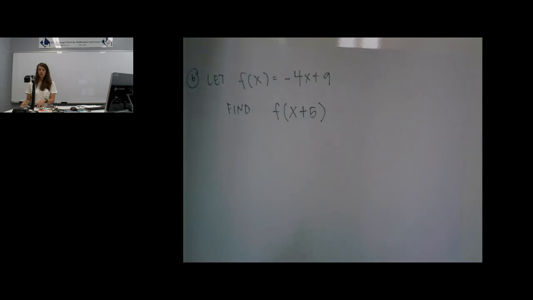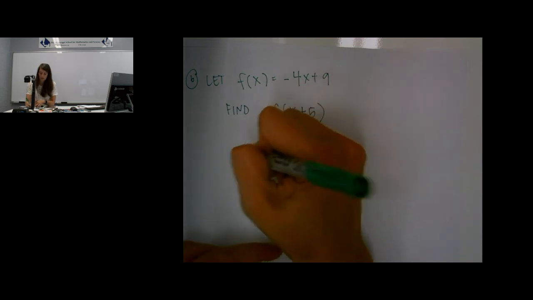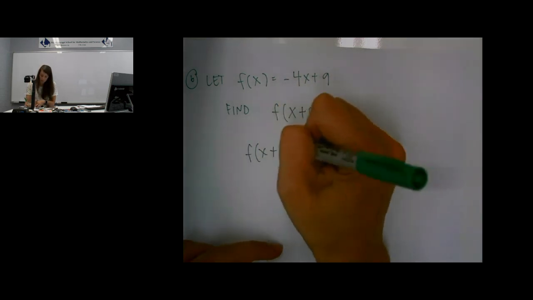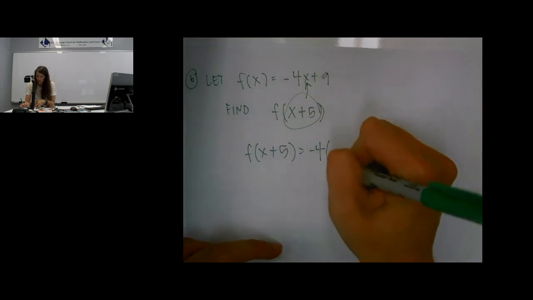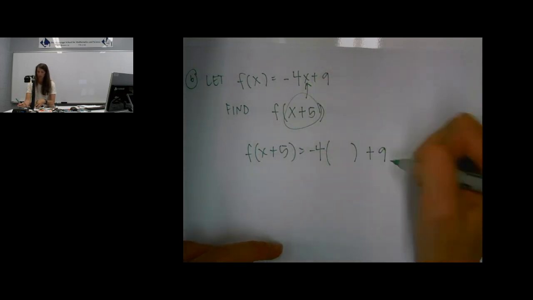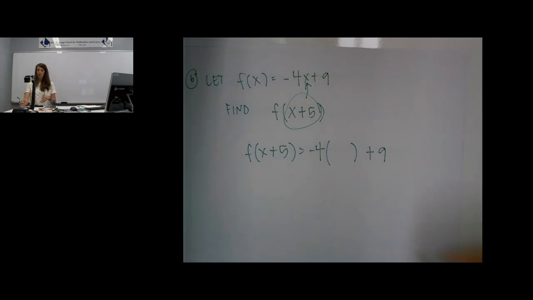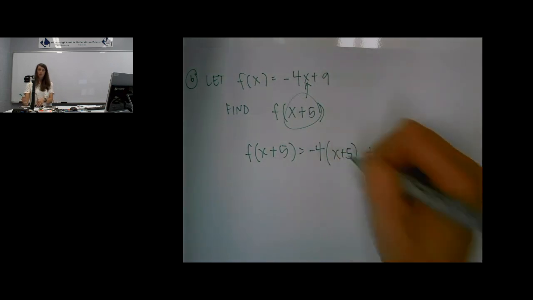Okay, so here I have f of x is equal to negative 4x plus 9. But I want to find the function evaluated at x plus 5. So that means instead I am going to plug in an x plus 5 everywhere I see an x. So I'm going to have negative 4 times, now instead of just an x, I'm going to have x plus 5.